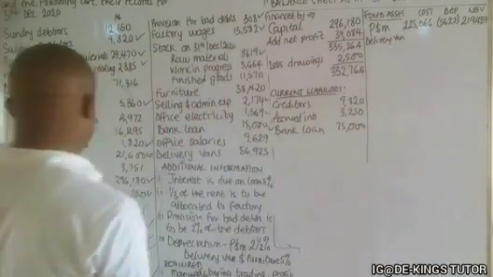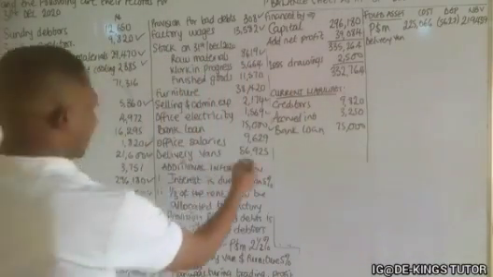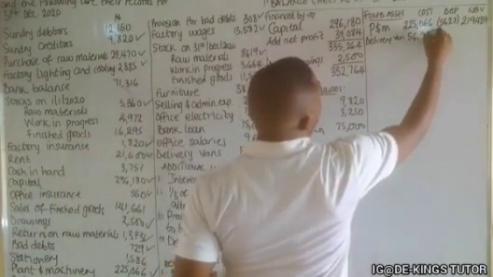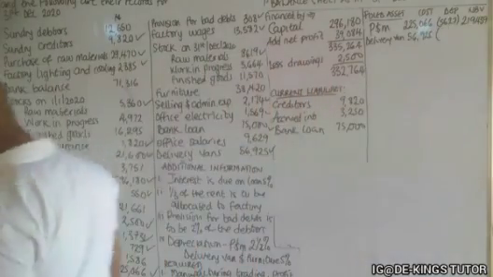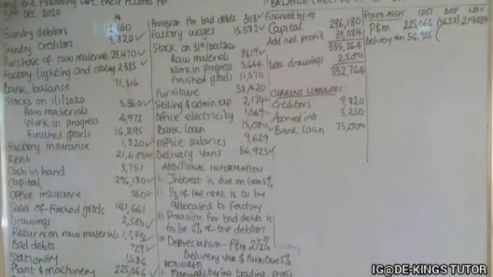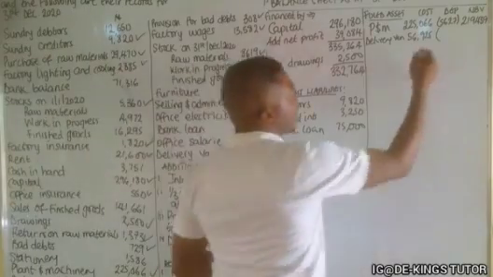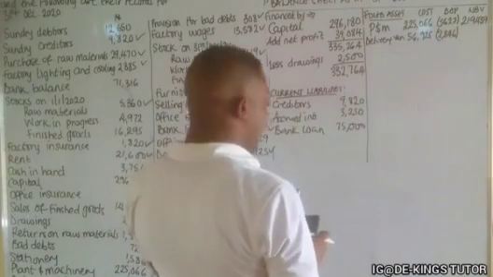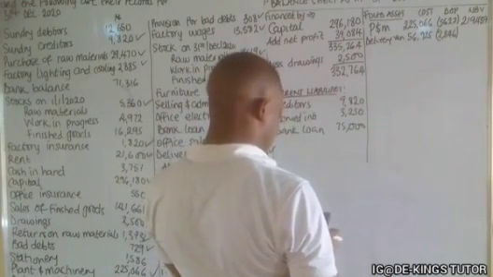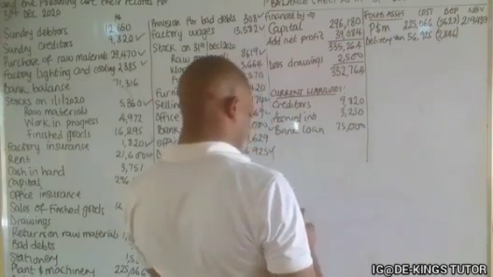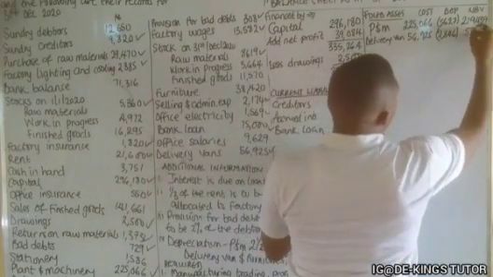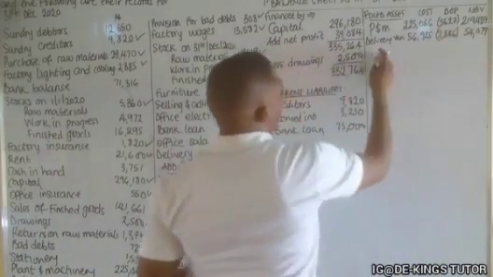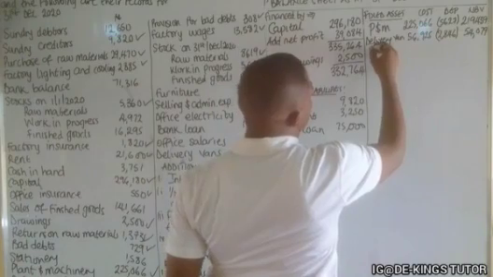Okay? And the next one is delivery van. The cost of delivery van, 56,925. Now the depreciation, we also calculated that. Depreciation is 2,846. So 56,925 minus 2,846 will give us 54,079. Okay, that's delivery van. And the next one is furniture.